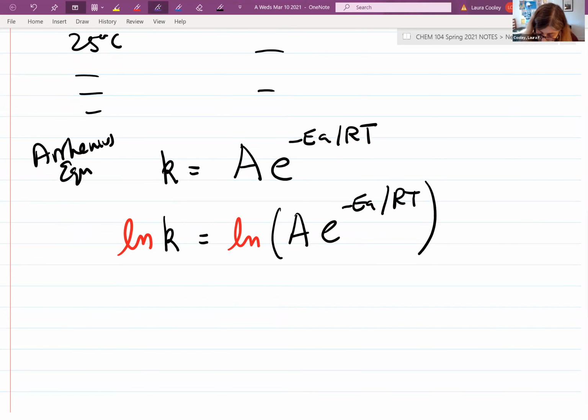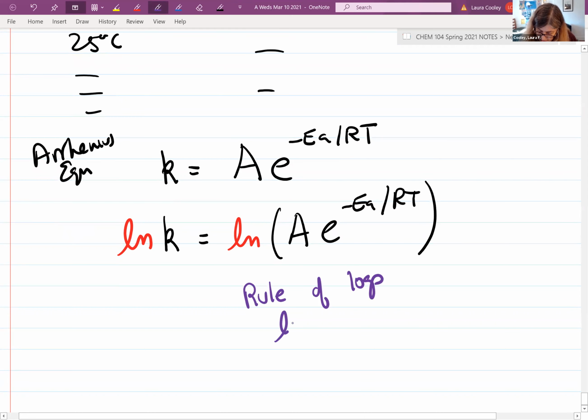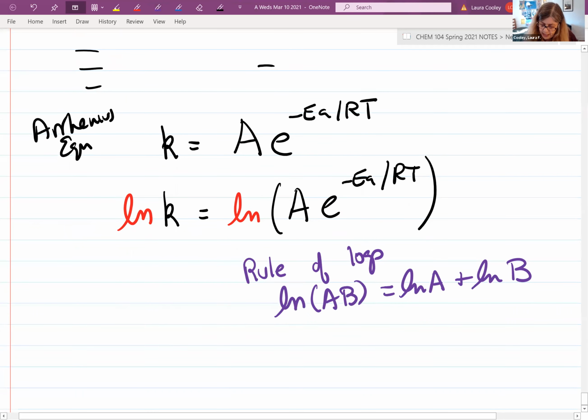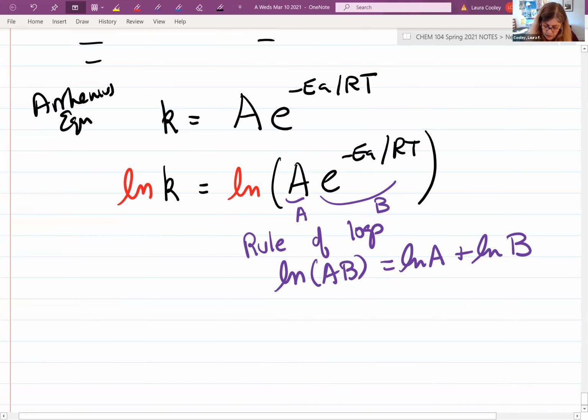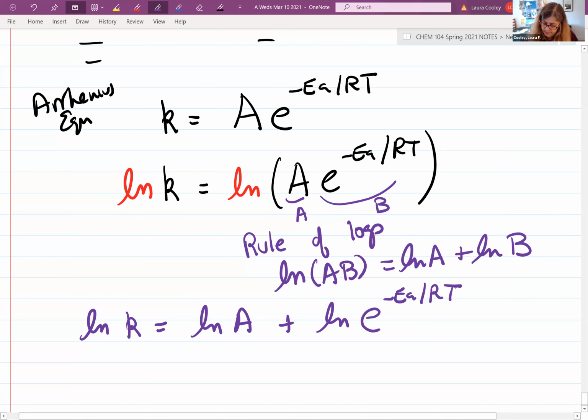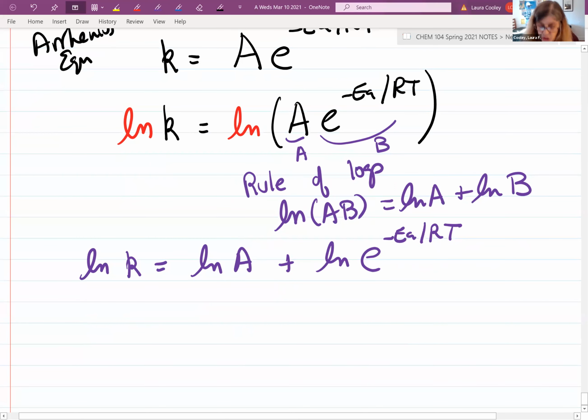Then I use this rule of logs, that the natural log of AB is the natural log of A plus the natural log of B. And this is my A and this is my B. So the natural log of K equals the natural log of A plus the natural log of e to the minus EA over RT. Now, the only reason for doing this is to make our lives easier, not harder.